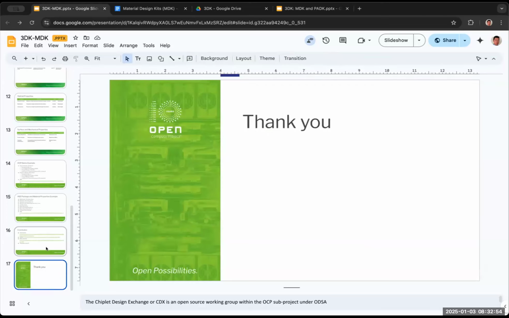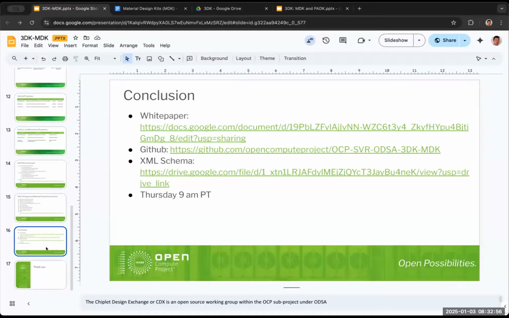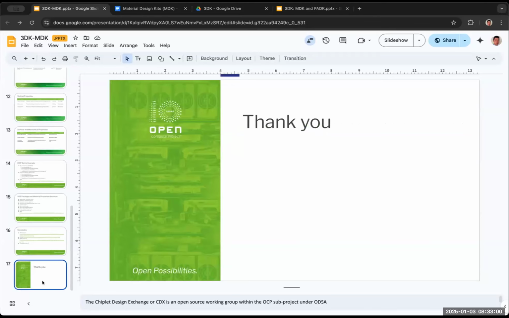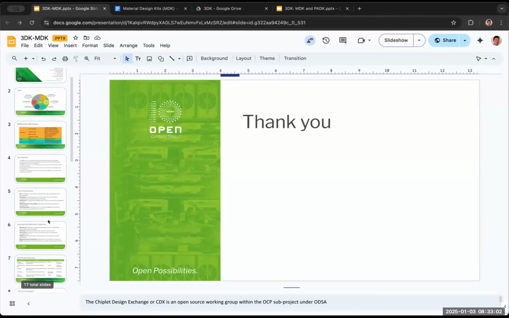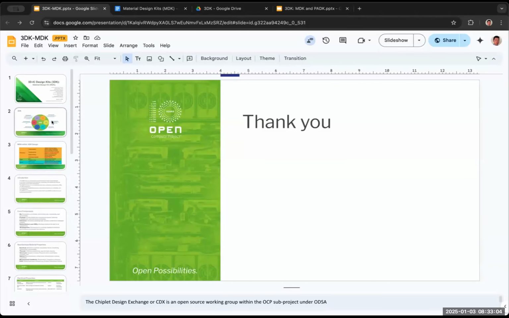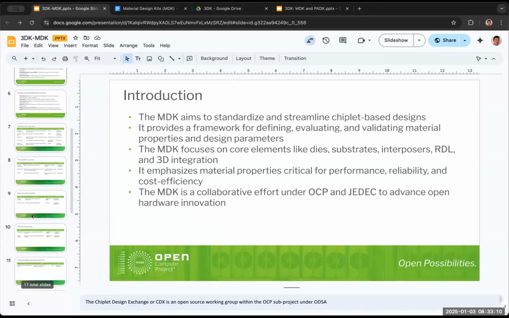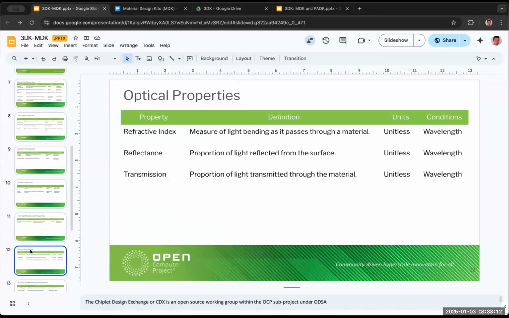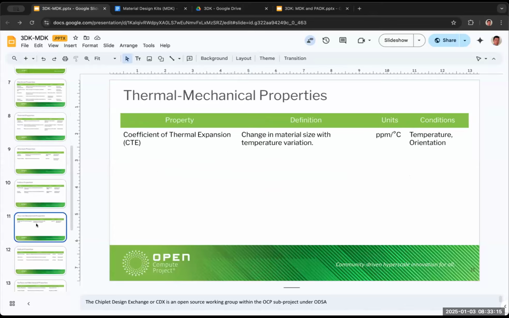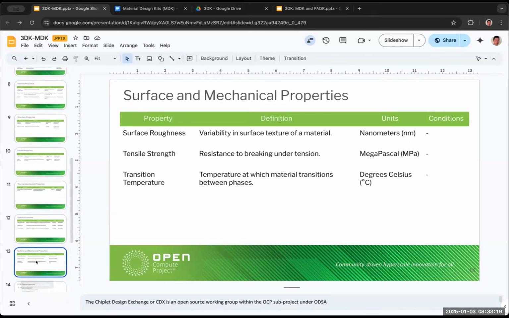Thank you, James. One quick question for you, and I might have missed this. We started talking about the material design kit, but we also went through a whole bunch of structural and thermomechanical properties. Does the material design kit include those, or are those part of other things, like optical properties? Oh yes, the material design kit will include all these properties.